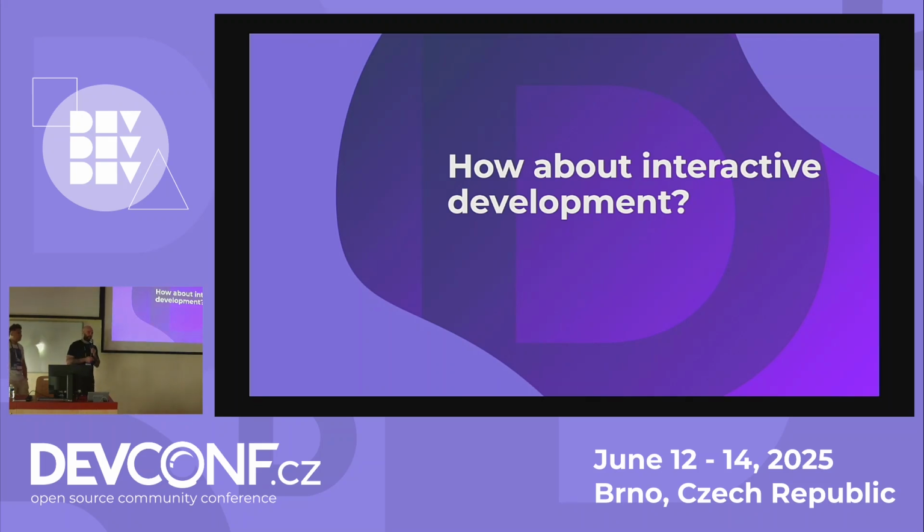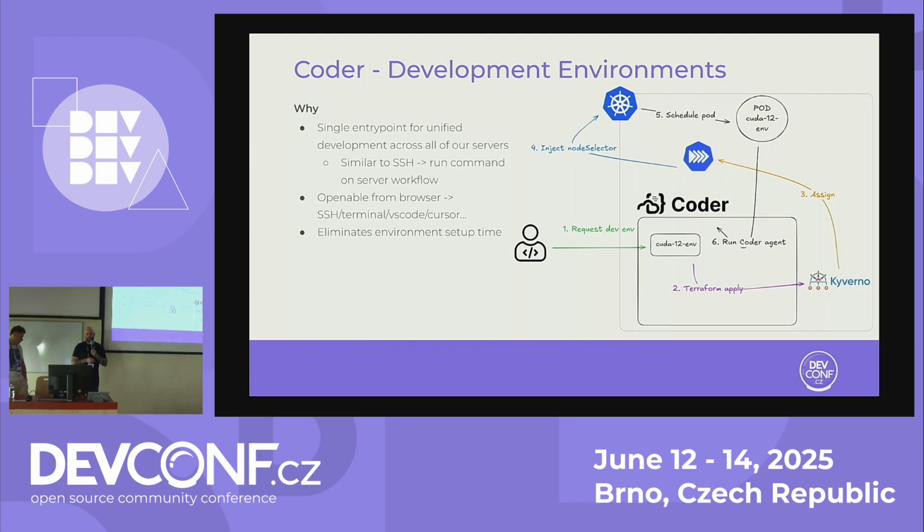And how about interactive development, which Petr mentioned as one of the cons of running on Kubernetes? We solved that by using Coder, which is like a developer portal where you can spin up development environments in Kubernetes. It's a website which you run inside Kubernetes, and you spin up the environments. I will show them in the next slides.